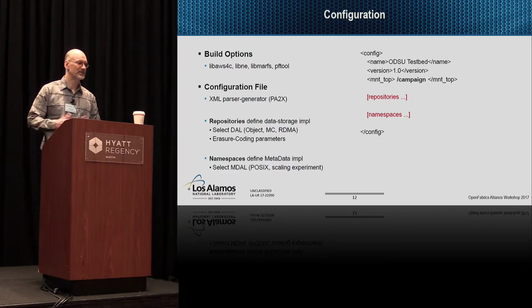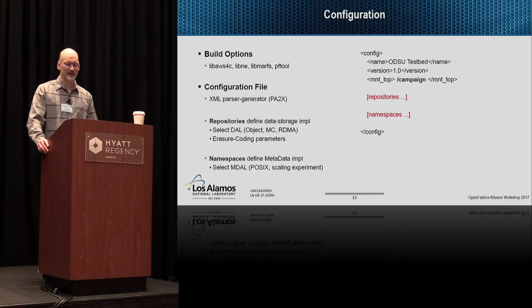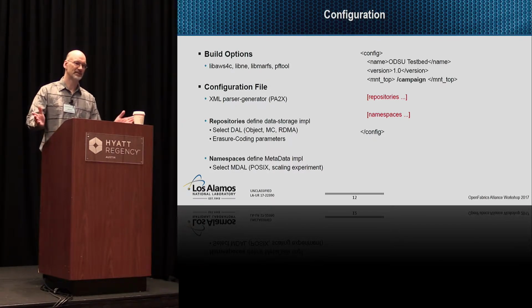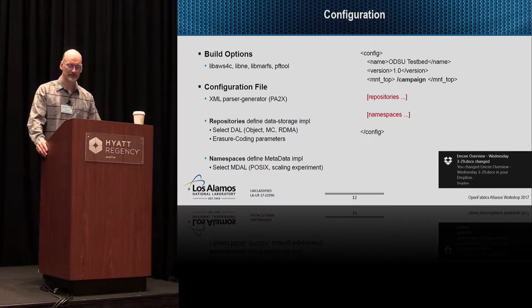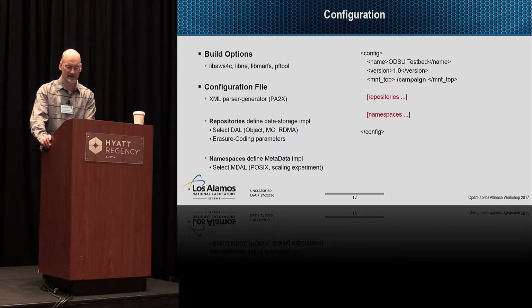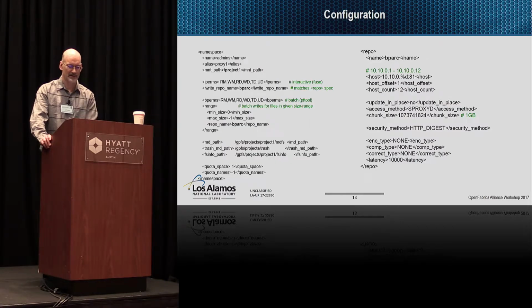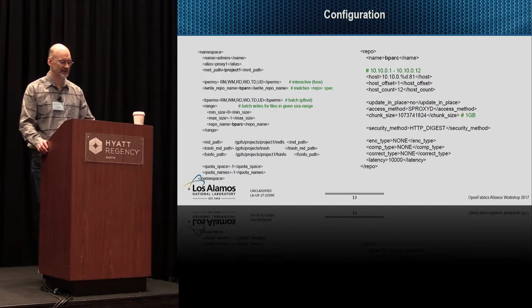So all the namespaces would fall under that, and then namespaces represent a metadata, basically a subdirectory, you could think of it, but they can have independent implementations. Here's what a namespace and repository spec look like. On the left there is a namespace /project1, so that would come under /campaign/project1, and everything under there would be controlled by this particular namespace.